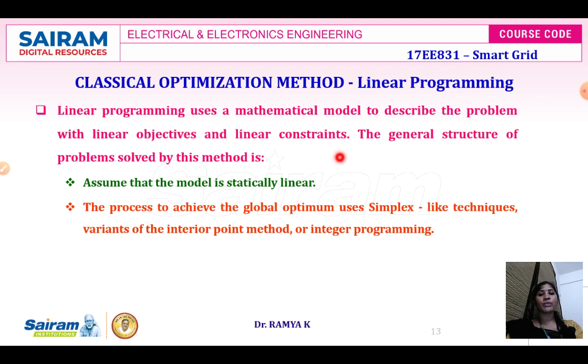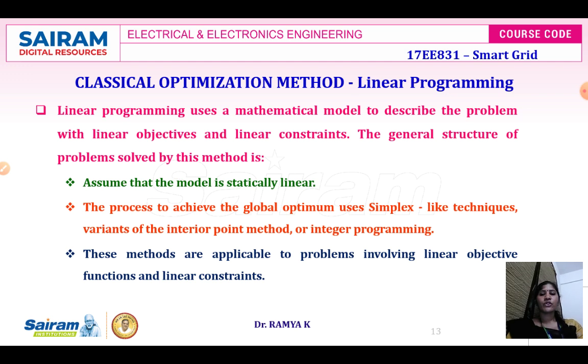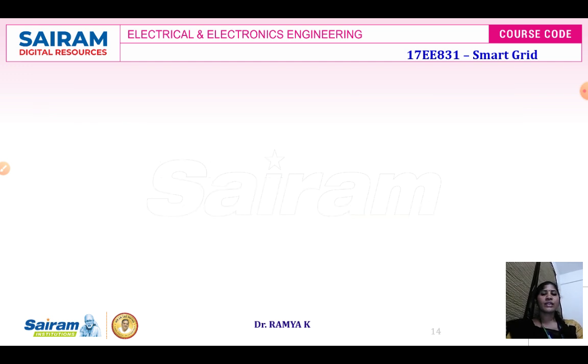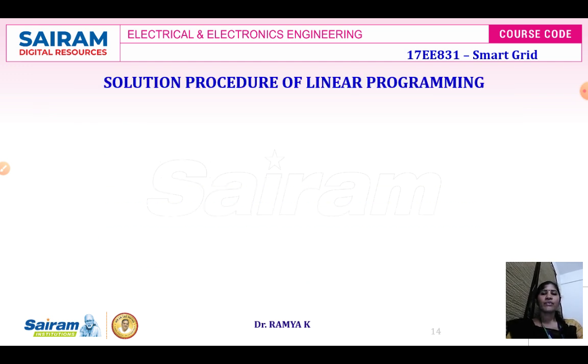If the function or constraints are non-linear, then it is not possible for us to solve it by the interior point method or integer programming method. Therefore, we have to use the correct method relating to the problem.